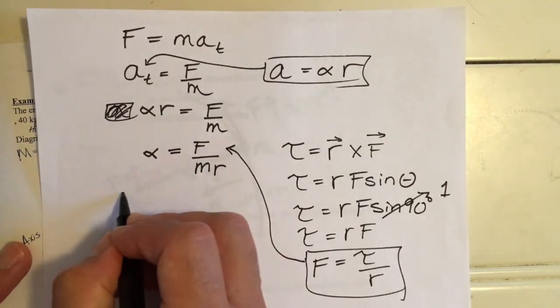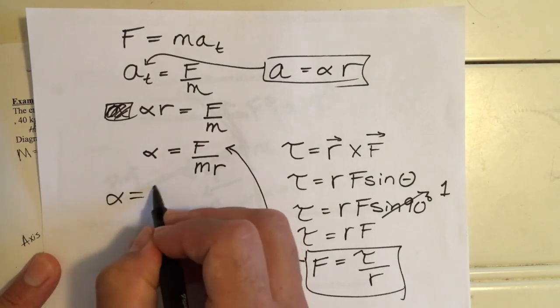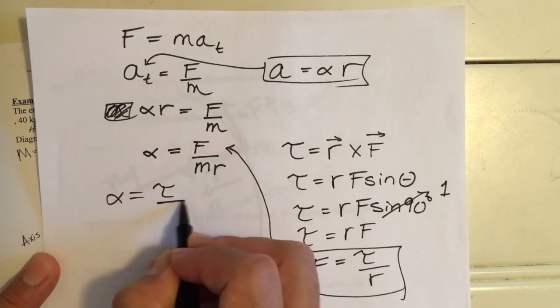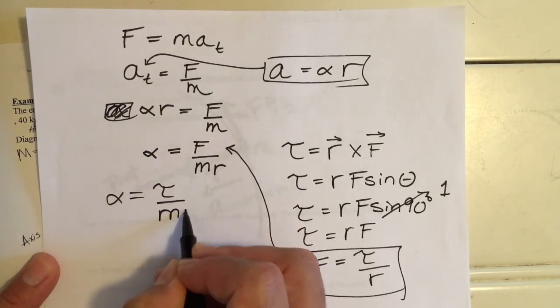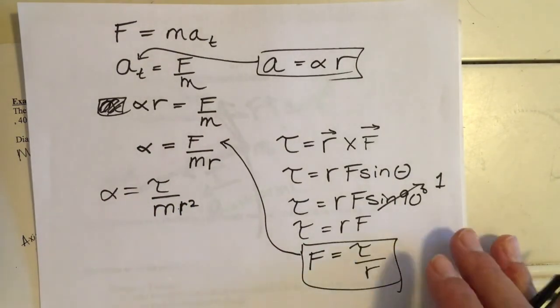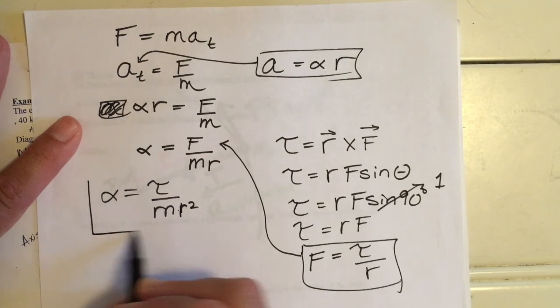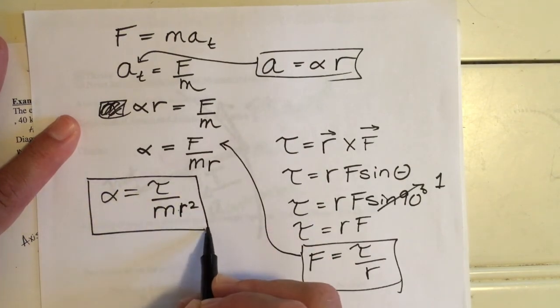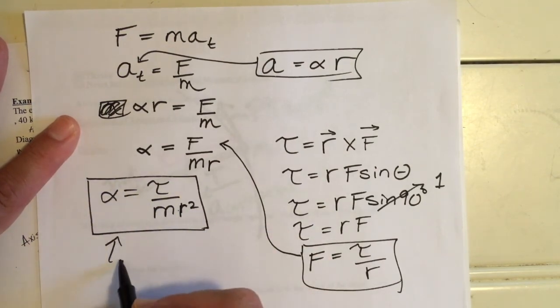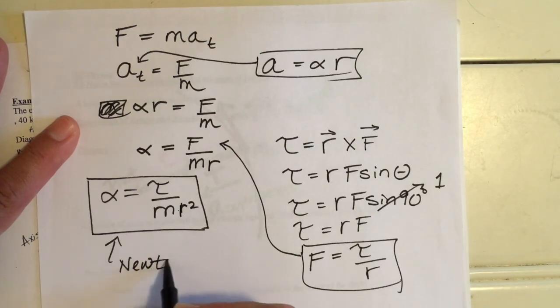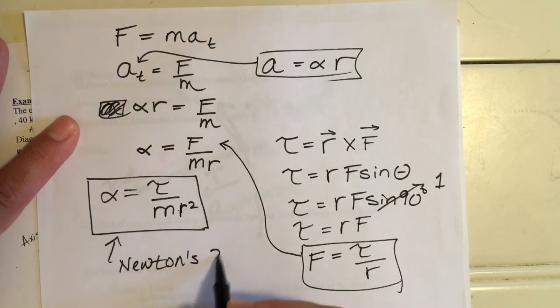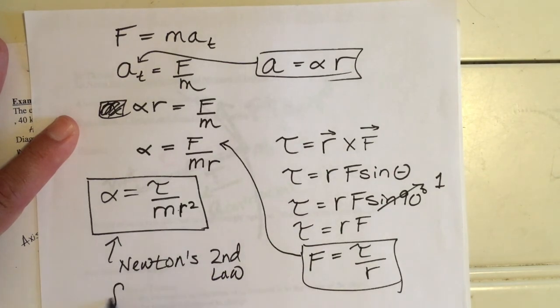And we can go ahead and rewrite this then as alpha equals torque over mr squared. And so this is Newton's second law for angular motion.